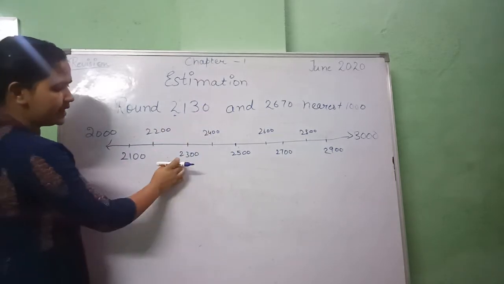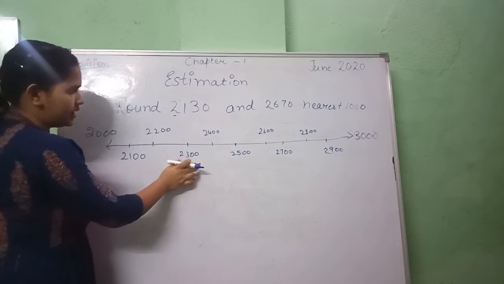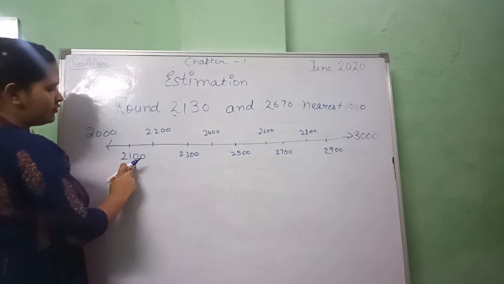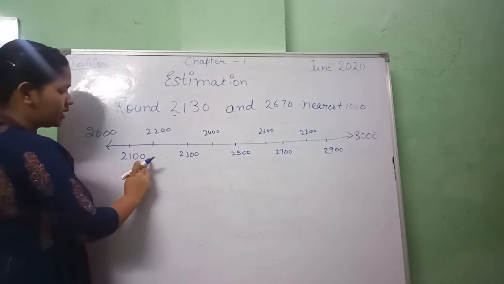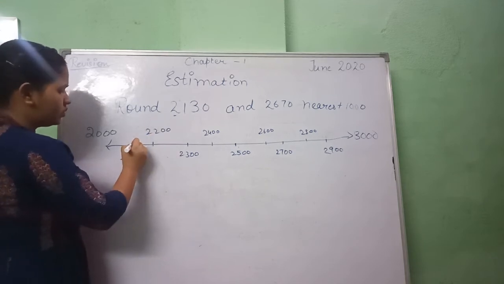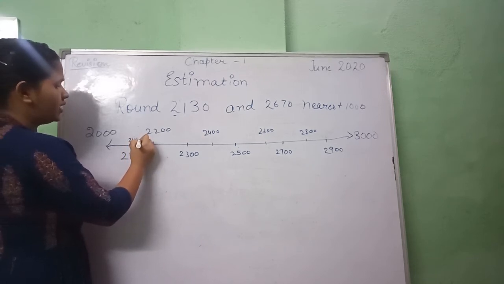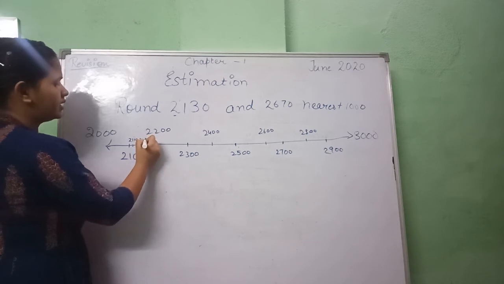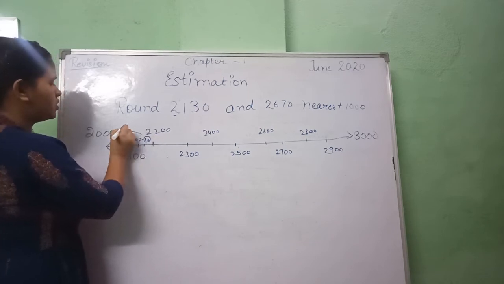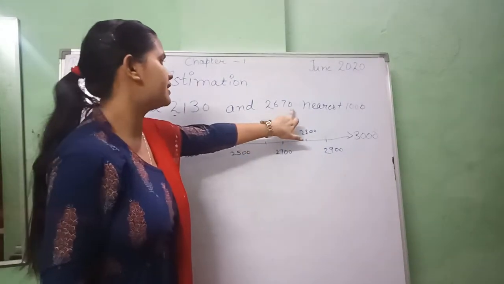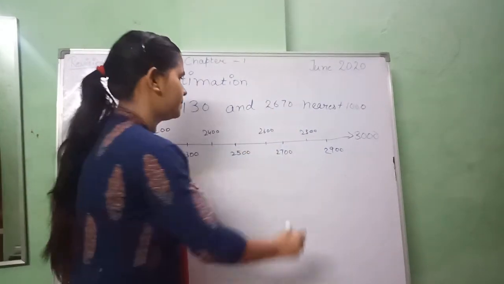So now we have 2130. So where will we take it? There is 300, there is 200, and we have 130. So it will go to 2100. So we'll count 130: 110, 120 and 130. So it is nearest to 2000. And yes, here is 2670.